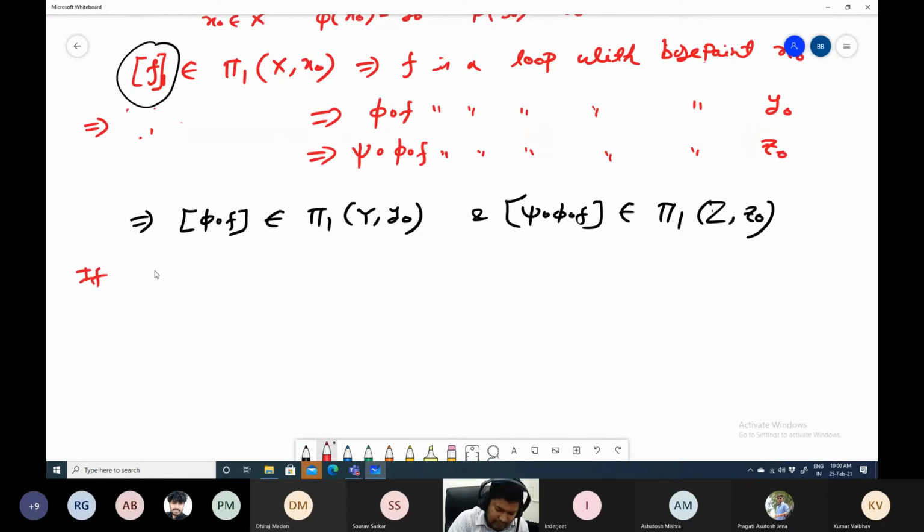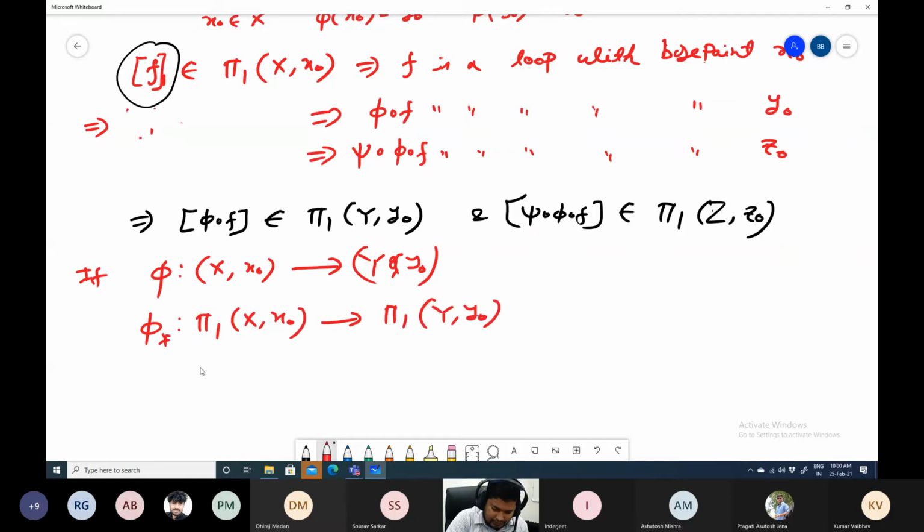So therefore, if we have a map, say phi from (X, x0) to (Y, y0), then we can define phi star from pi1 of (X, x0) to pi1 of (Y, y0) defined by phi star of f equal to phi composed with f. We can define it in this way.